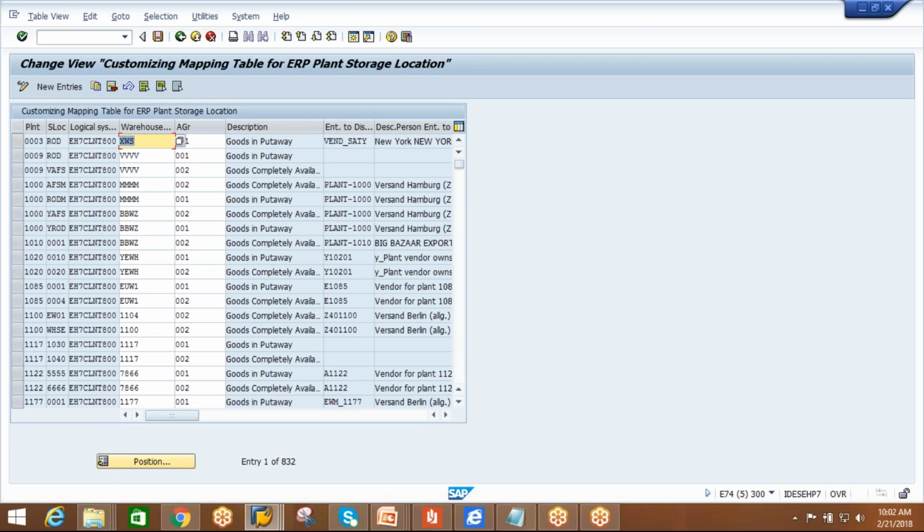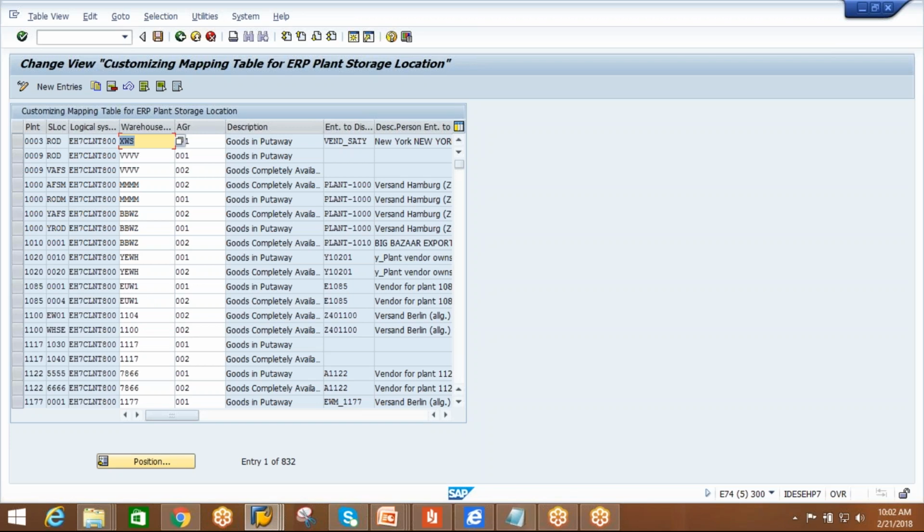First thing, you have 100 plants, 1,000 storage locations. All these are connected to how many warehouses? Only one warehouse. The next question: all your plants and storage locations are in the same ECC or different ECC? It is in the same ECC.